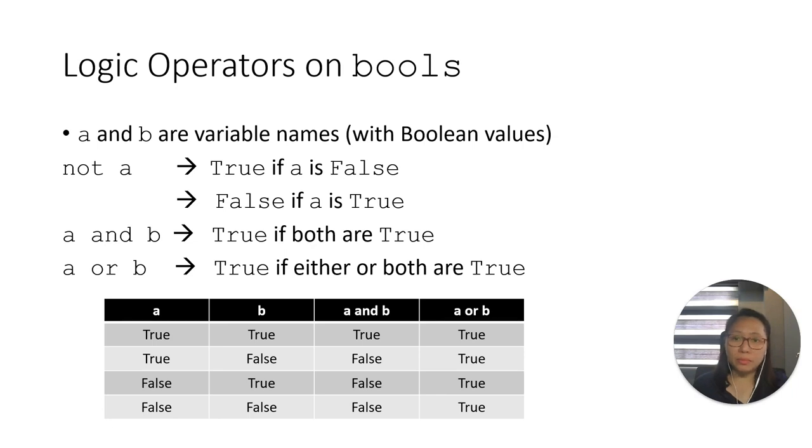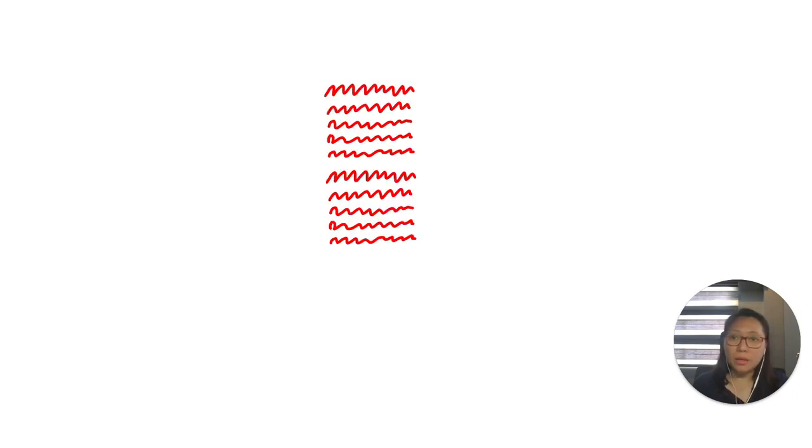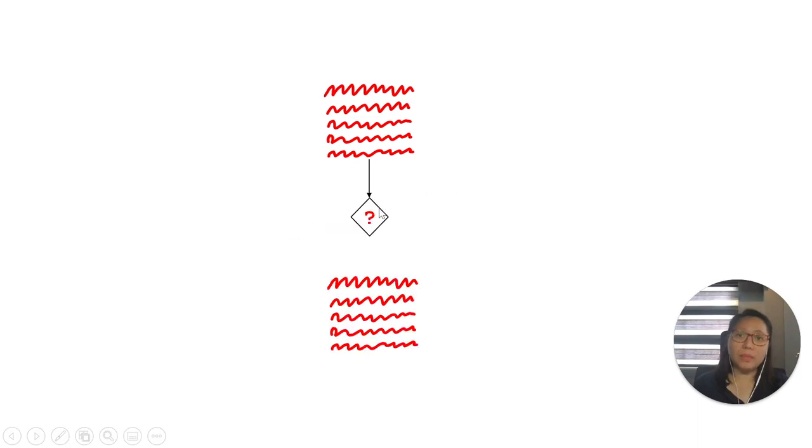Now that we know how to do tests, we can add tests to our program. So here we can now add tests using the logical operators or the comparison operators.